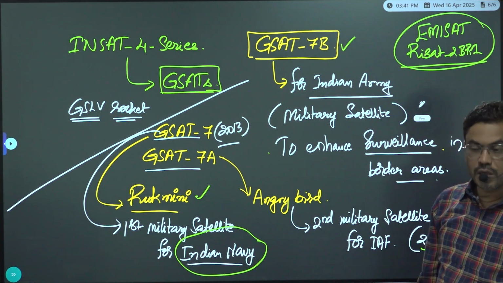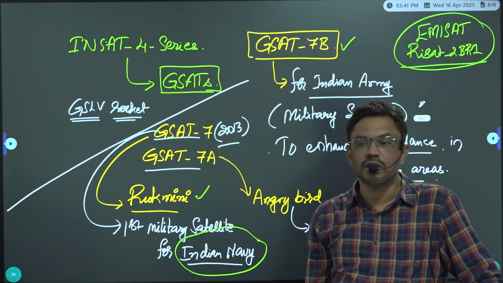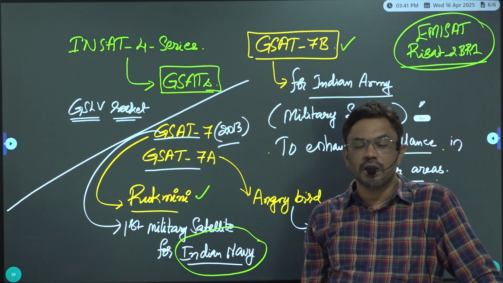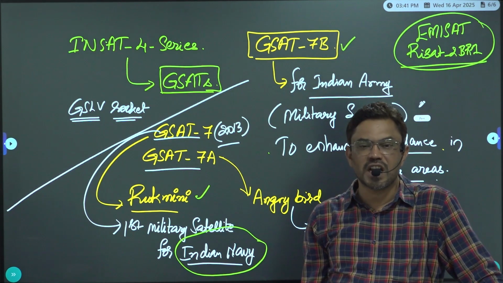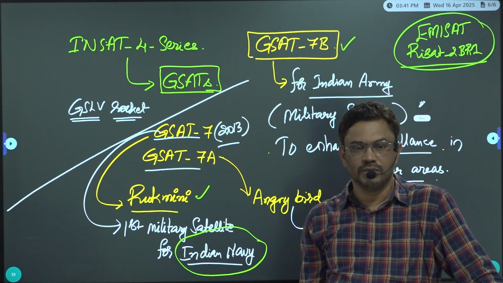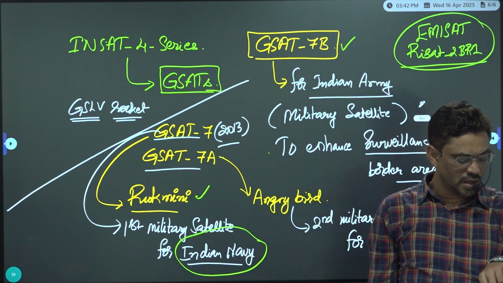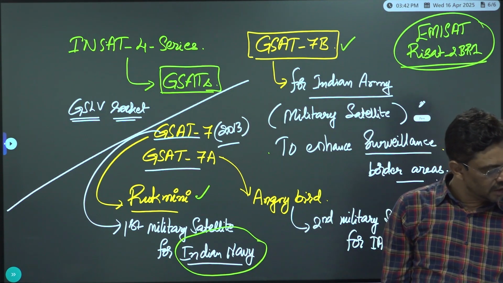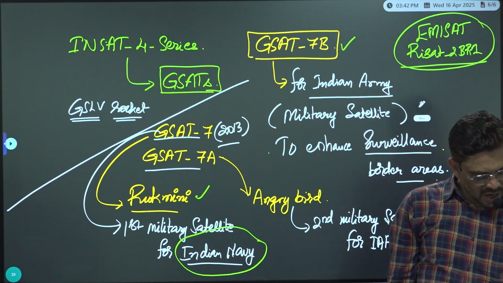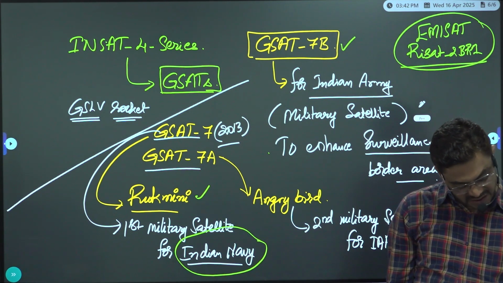EMISAT, you write down the abbreviation in brackets: electromagnetic intelligence gathering satellite.